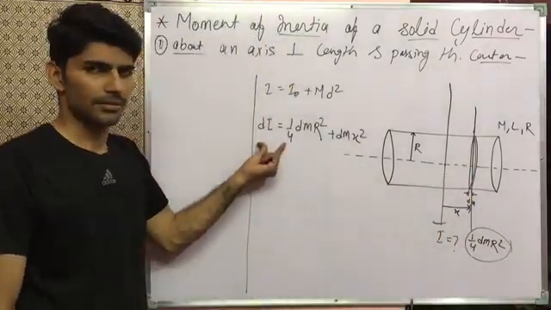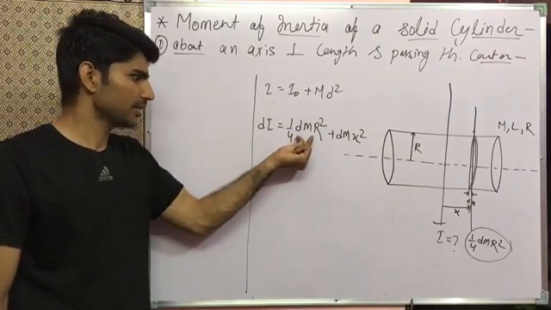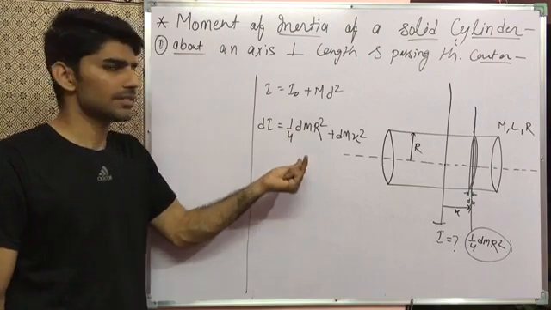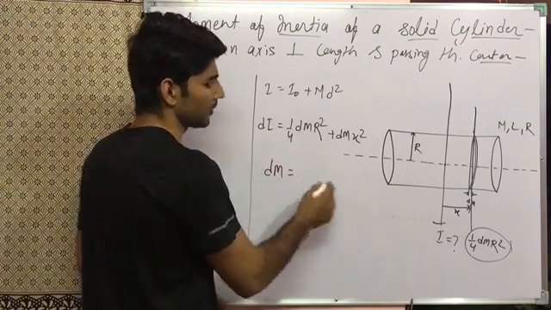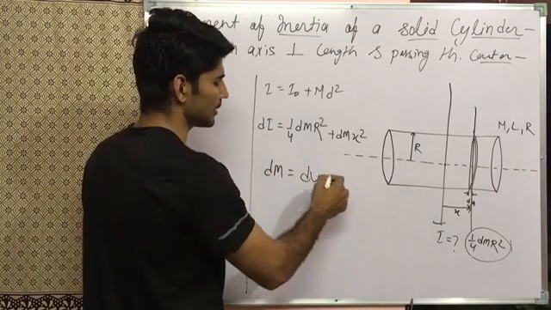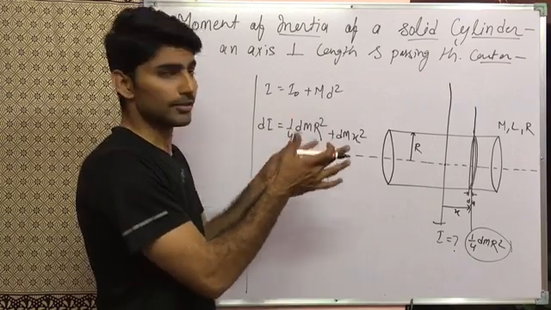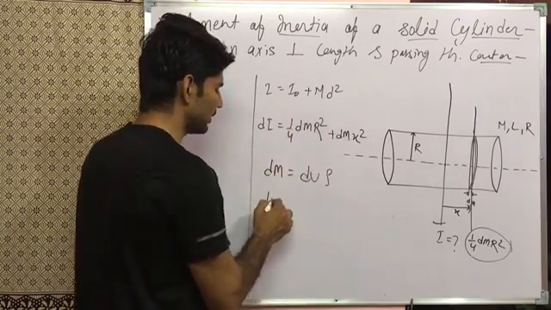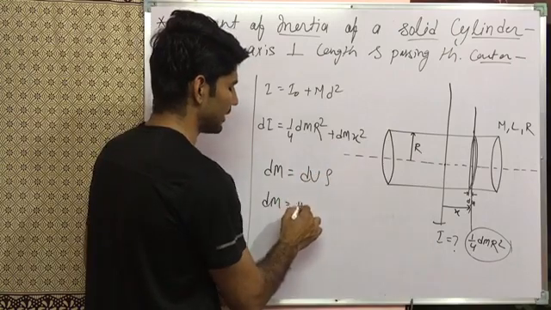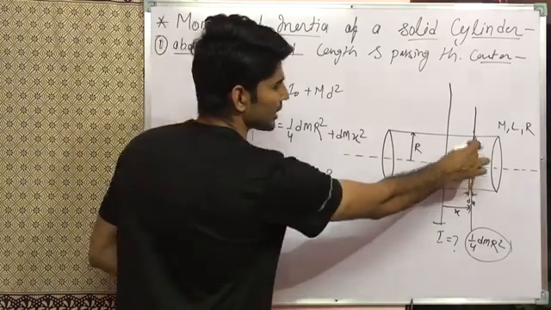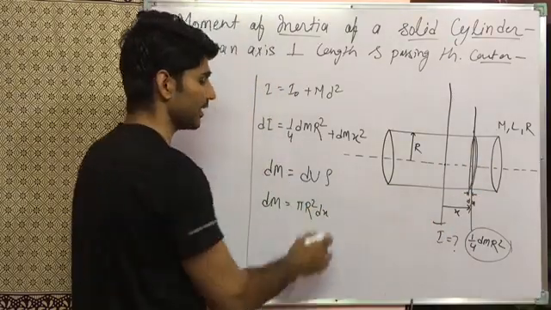I know the r, I know the x, but I don't know the dm. So first I write dm. dm is the volume of this disk times the density of this cylinder. The small volume is pi r square, its cross section area, times thickness dx.